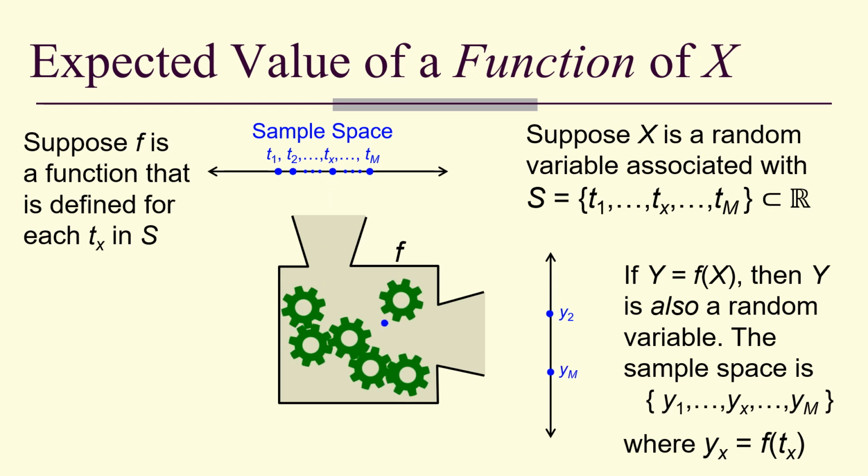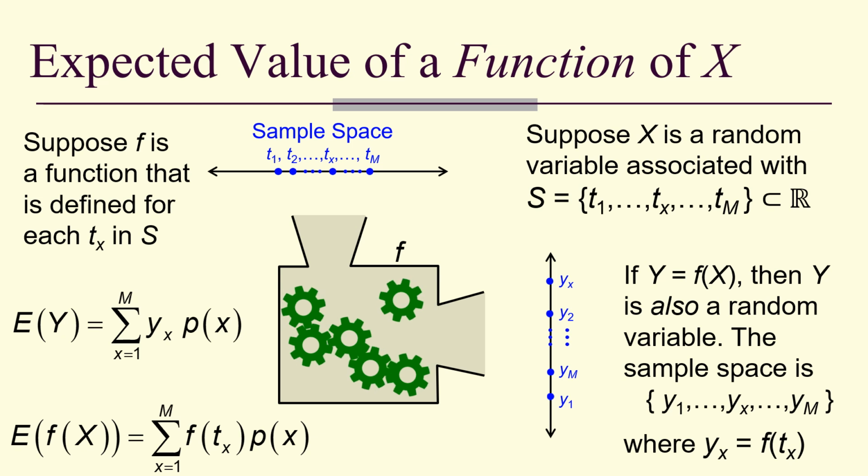So this y is a variable just like x is a variable. It just happens to be the image of f applied to the sample space of x. The expected value, therefore, is the sum x equals 1 to m of y sub x p of x, which means that the expected value of f of x is the sum x equals 1 to m of f of t sub x p of x.